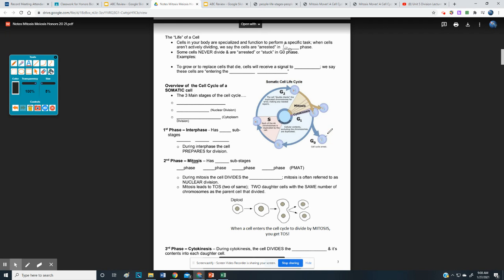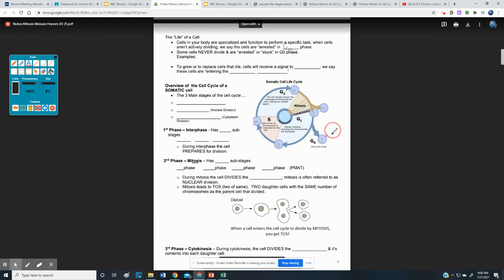Now, sometimes cells die. And what I'm drawing right here is what we drew on that cell in the corner of worksheet 5.1. On this cell that's in G0 phase, I put a receptor protein. We talked about how receptor proteins can receive signals. They're needed so cells can communicate. And so this cell in G0 phase, there was a cell next to it that died.